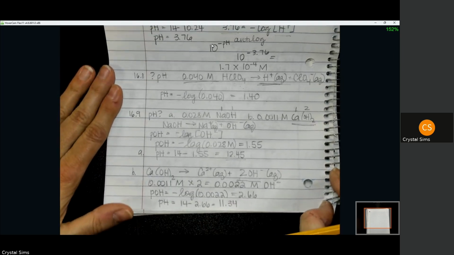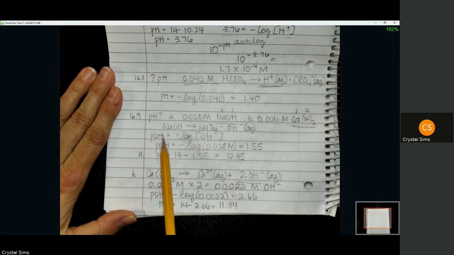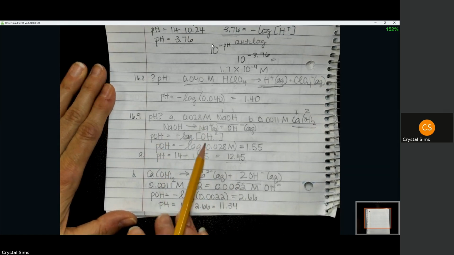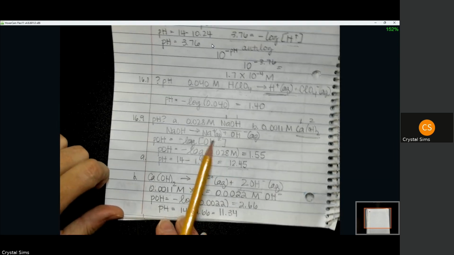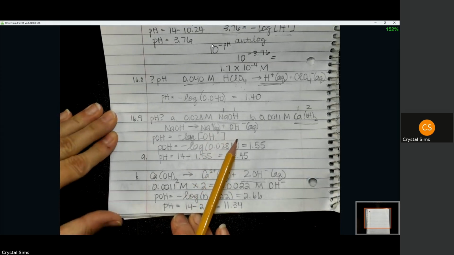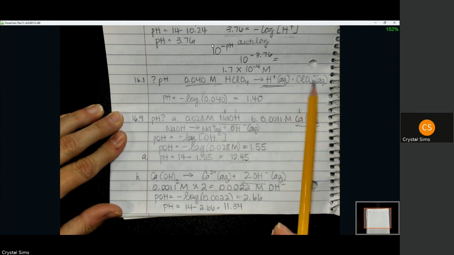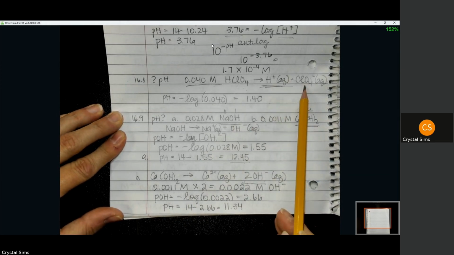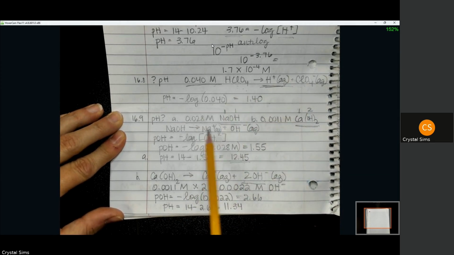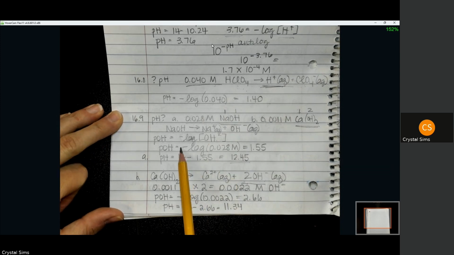So when working out these pH problems like this, you have to decide, is it a strong acid or a strong base? If yes, and you have a 1-to-1 molar ratio like we did here and here, then you just take the negative log of that molar concentration. That gives you your pOH. Subtract that from 14 to get your pH.